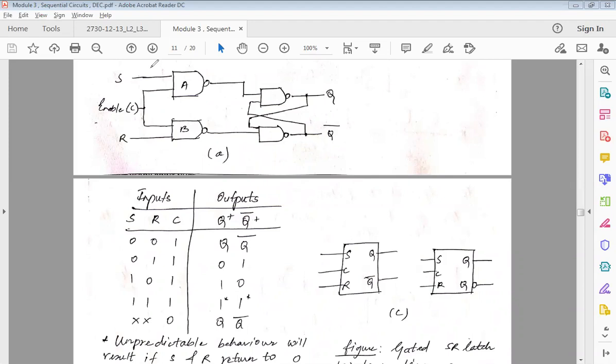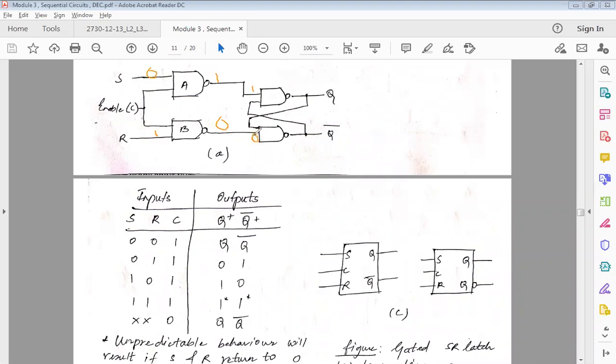So we will take 0 and 1. Anything that multiplies with 0 is going to be 0, so I'm going to get a 1. And here I'm going to get a 0. So 1 is here and 0 is here.